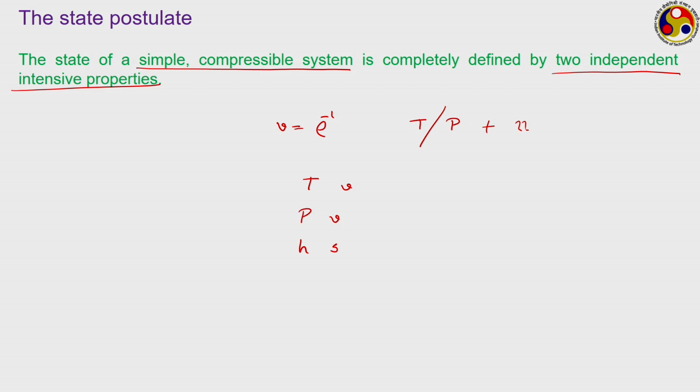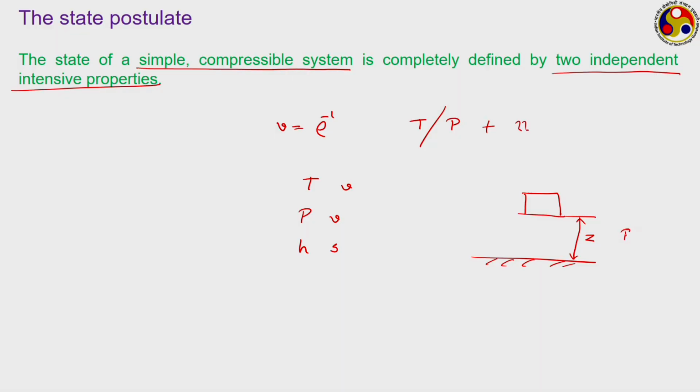Suppose your system is subjected to gravitational acceleration, then what can the third property be? Let us say this is your datum and your system is located at this particular elevation. So, g is acting downwards and the system is at an elevation of Z. Then the system has some potential energy, and what is the measure of the potential energy?